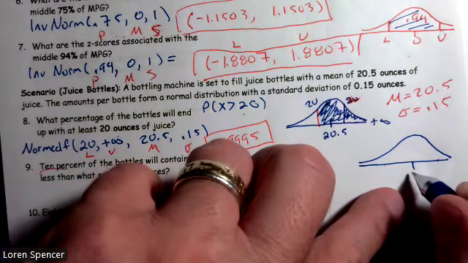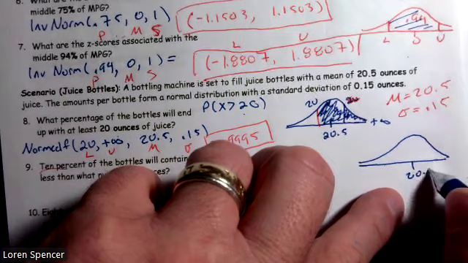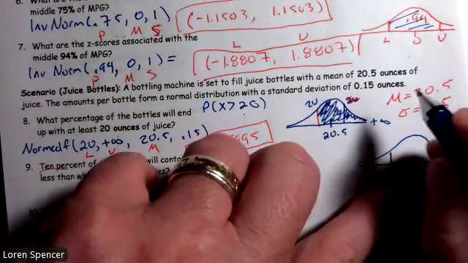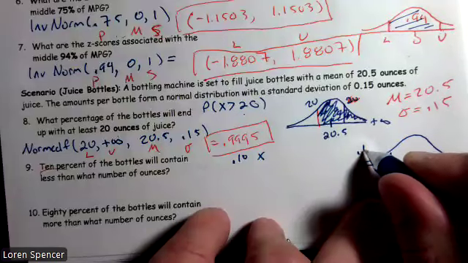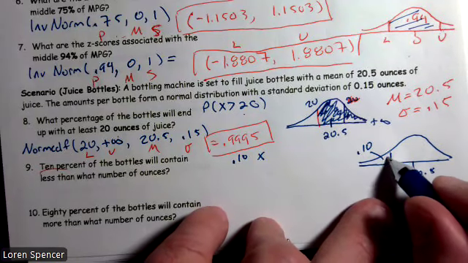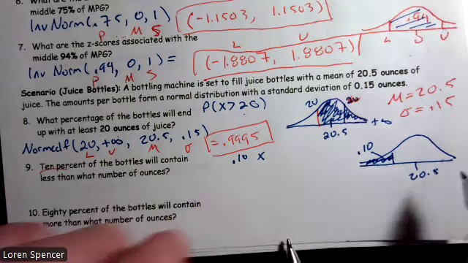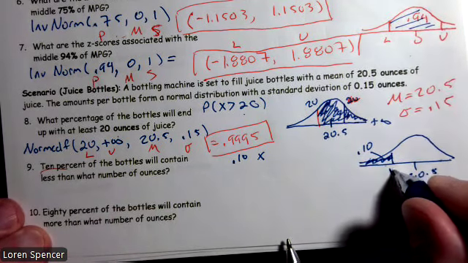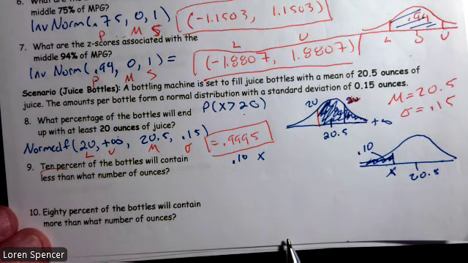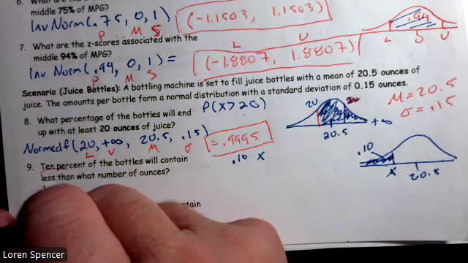We know the mean is 20.5. They gave us that this area right here is 10%, and we're looking for this X right here. Because they gave us a percent, we know we're going to have to do an inverse norm.